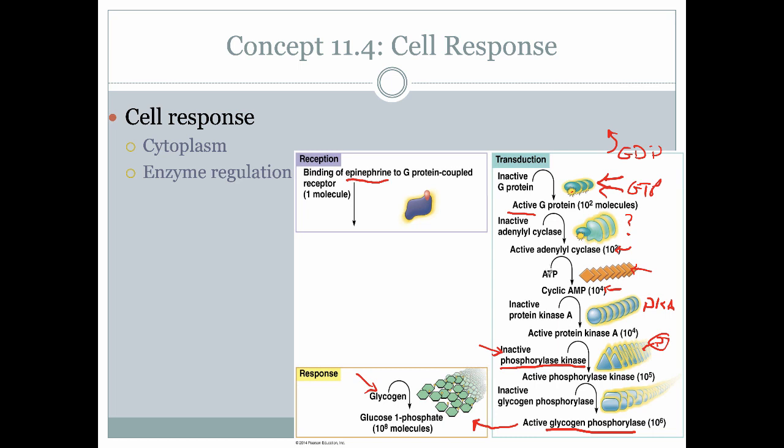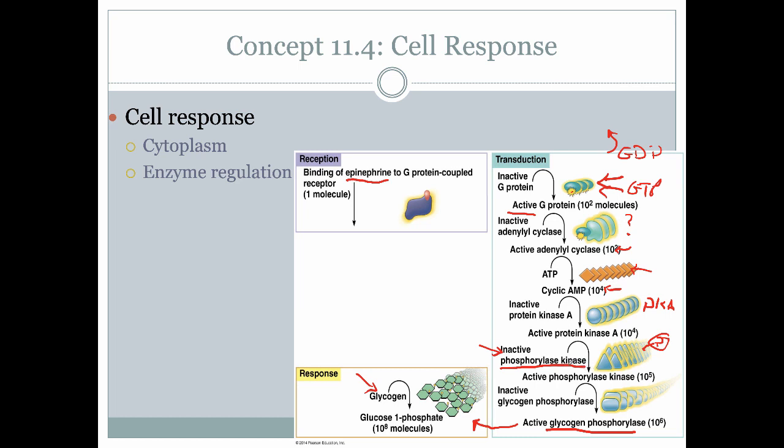Adenylyl cyclase converts ATP into cyclic AMP. Cyclic AMP binds to protein kinase A and activates it. Active protein kinase A phosphorylates an enzyme called phosphorylase kinase.